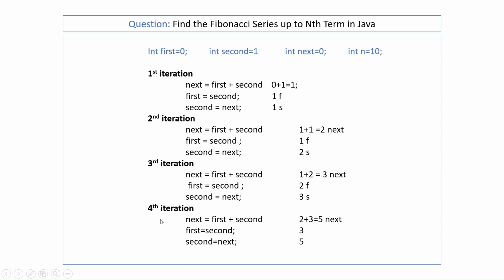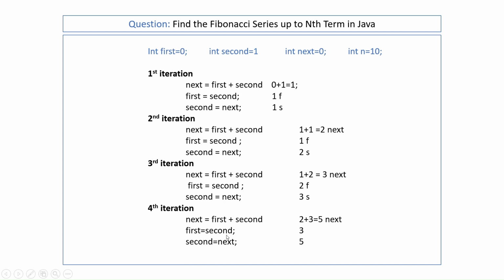In the fourth iteration, the same thing happens. Next is equal to first plus second. We have 2 in first and 3 in second. 2 plus 3 is equal to 5, and this is the value of next in the fourth iteration. Then again we change the values.